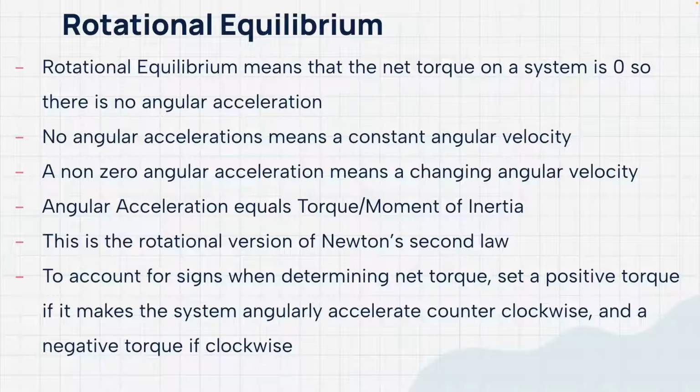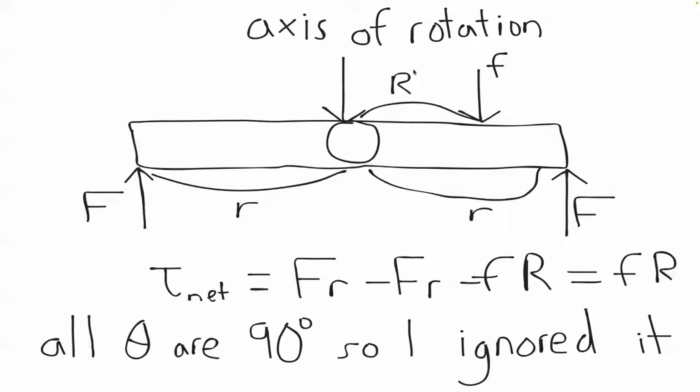To account for signs when determining net torque, we use the same convention. We say a positive torque if it makes the system angularly accelerate counterclockwise, and a negative torque if it makes the system angularly accelerate clockwise. Here's an example where we're calculating the net torque on a system.